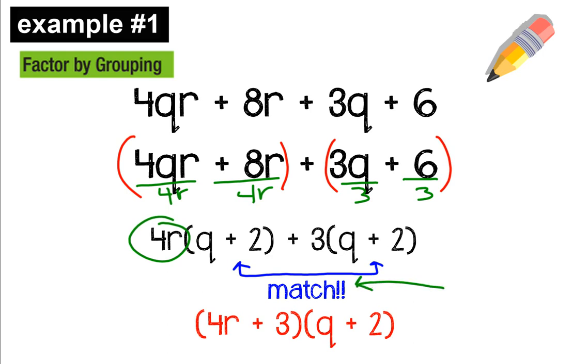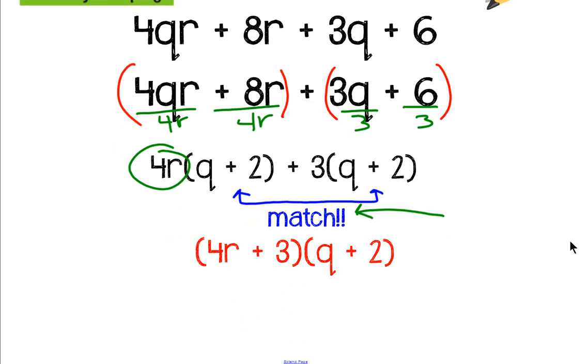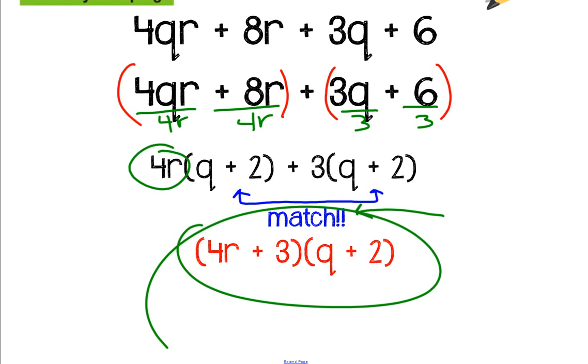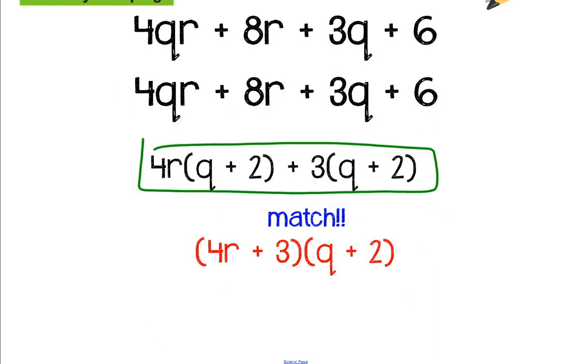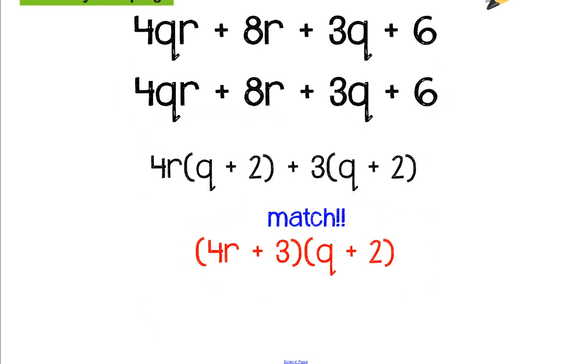That's a match. Now let's talk about my actual final answer here. How did that happen? Well, when I take a look at this step, it says that I'm going to multiply 4R times the quantity Q plus 2. I'm going to multiply 3 times the quantity Q plus 2.